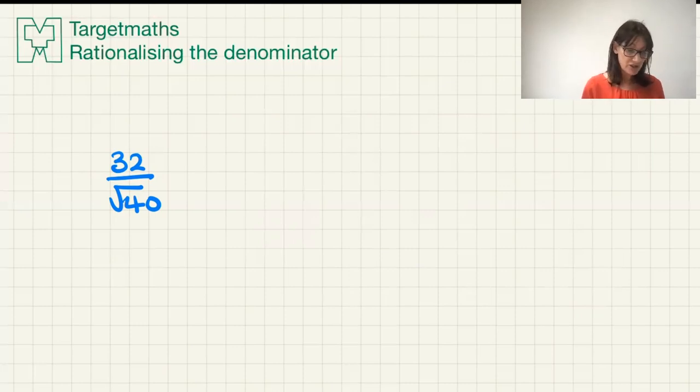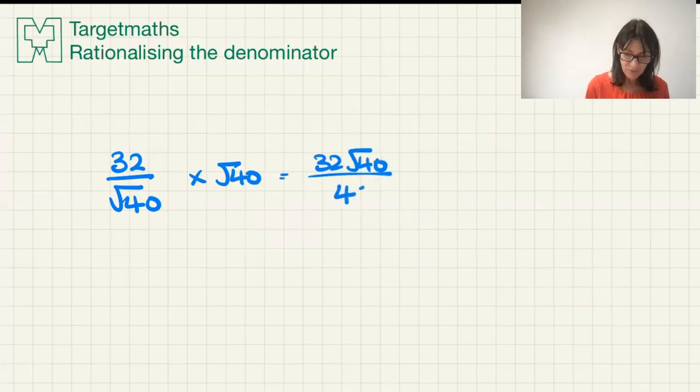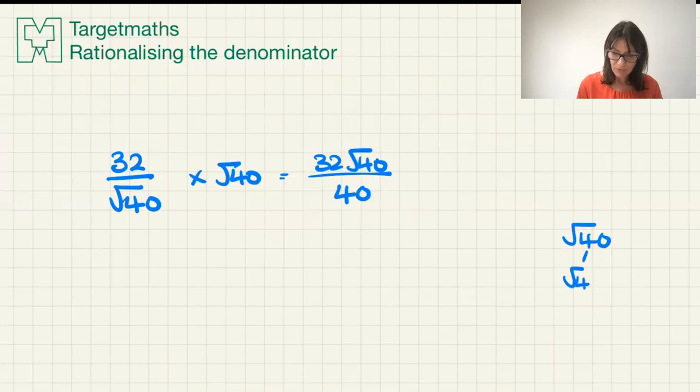So I could go straight into multiplying to give me 32 root 40 on the top and just 40 on the bottom. Now there's a lot of simplifying that can now go on. The root 40, if I just consider that to start off with, is going to split into root 4 and root 10, which is 2 root 10 as a final answer.